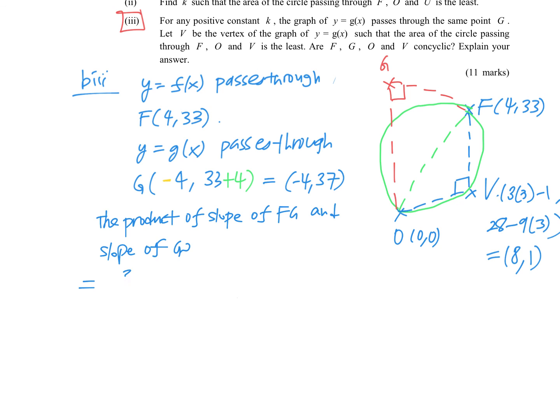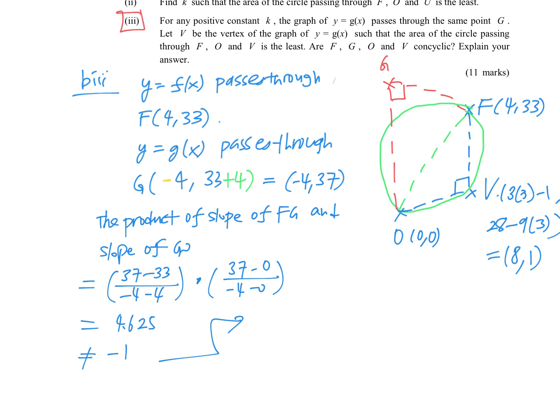So that's why here, 37 minus 33 over -4 minus 4, and then times 37 minus 0 over -4 minus 0. And then it throws, so that would be 4.625. It's entirely different from -1. So the conclusion is, oh, angle FGO is not 90 degrees.